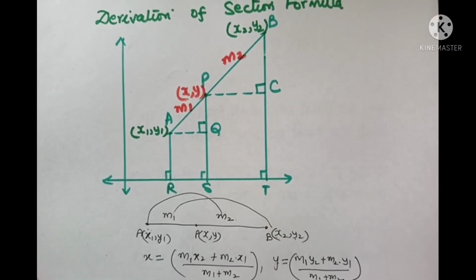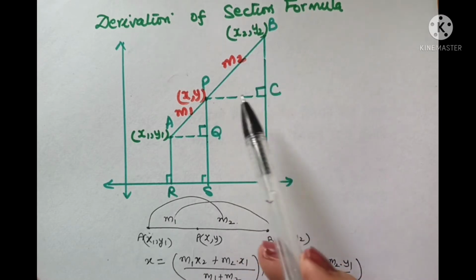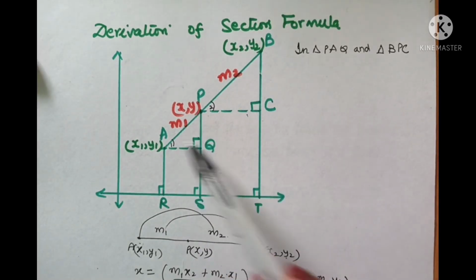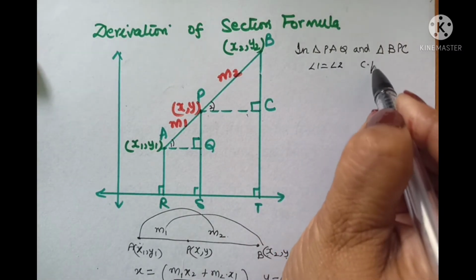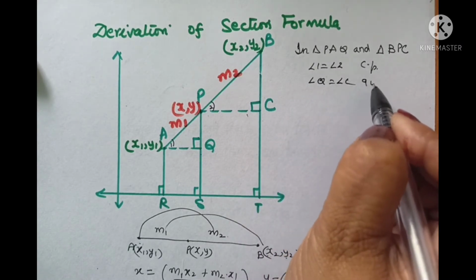So for derivation, just consider triangle PAQ and BPC. Let us prove them similar. In triangle PAQ and BPC, may I say angle 1 is equal to angle 2, corresponding angles, and angle Q is equal to angle C, 90 degree each.